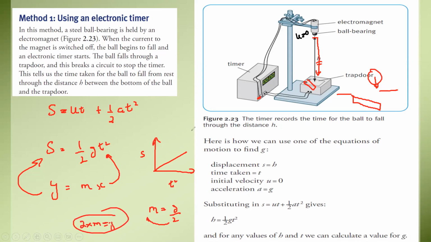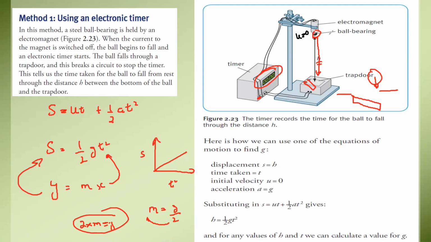Or gradient times 2 equals g. But the source of error in this experiment is that when we switch off the electromagnet, the ball bearing will not fall instantly because it takes some time to demagnetize. So the moment we switch off the supply, the timer starts, but the ball does not fall. So we get an extra fraction of a second compared to the time the ball actually takes to fall through this distance.